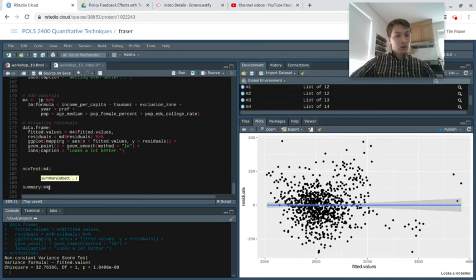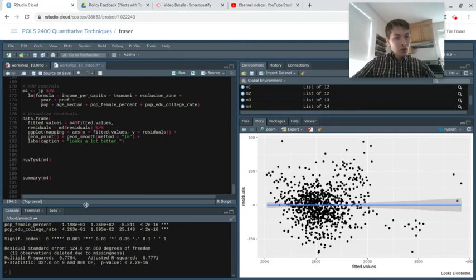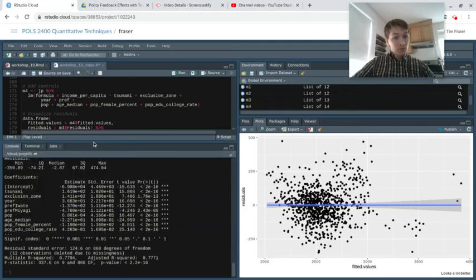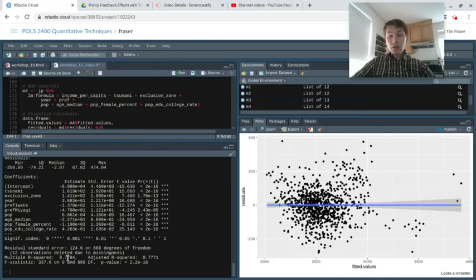Well, let's see what we get. We explained a lot of variation in the data, probably because we controlled for prefecture and year. And we got a whole bunch of estimates. It's pretty cool.